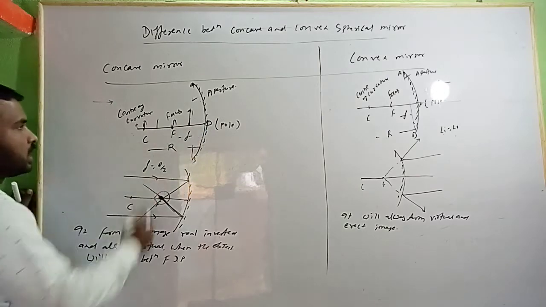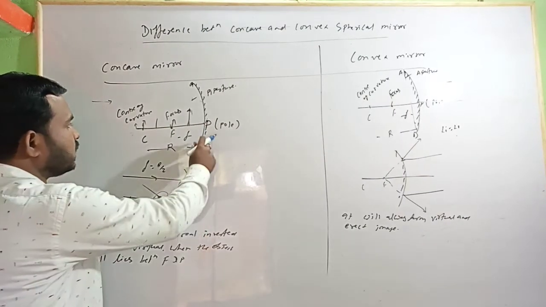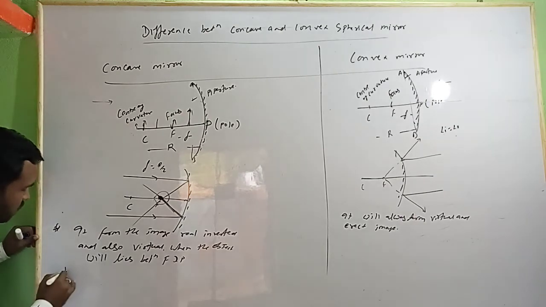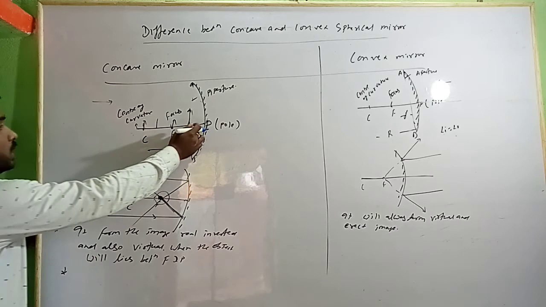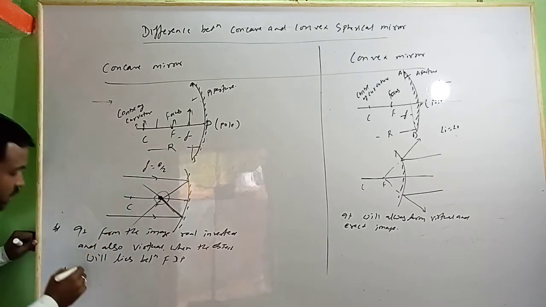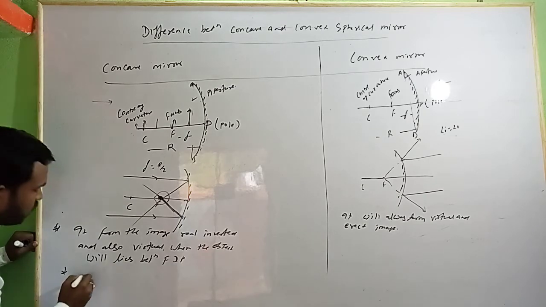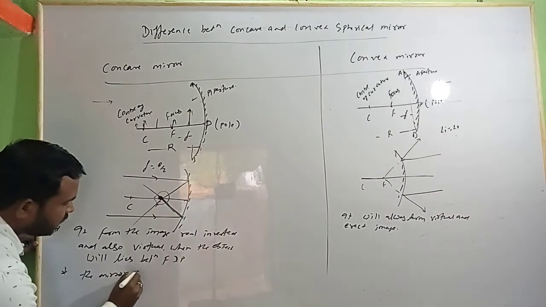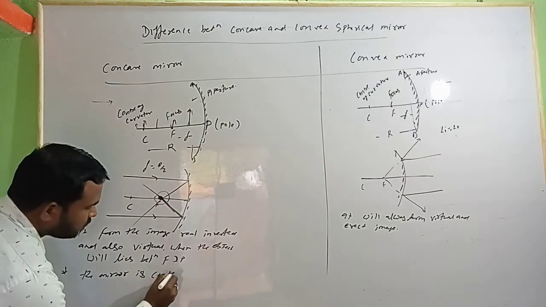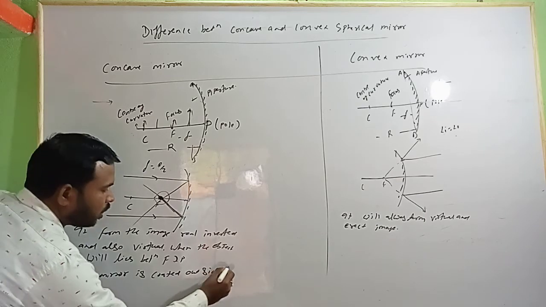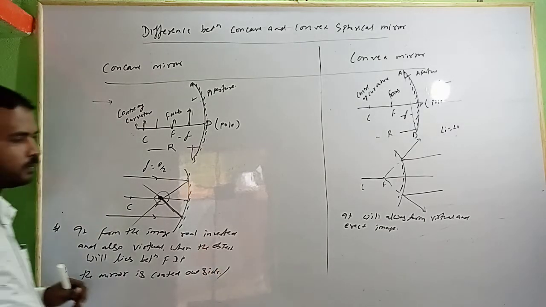Here the color is outside. Color means, or the focus is inside. Okay, the mirror is coated outside, or color you can also say.